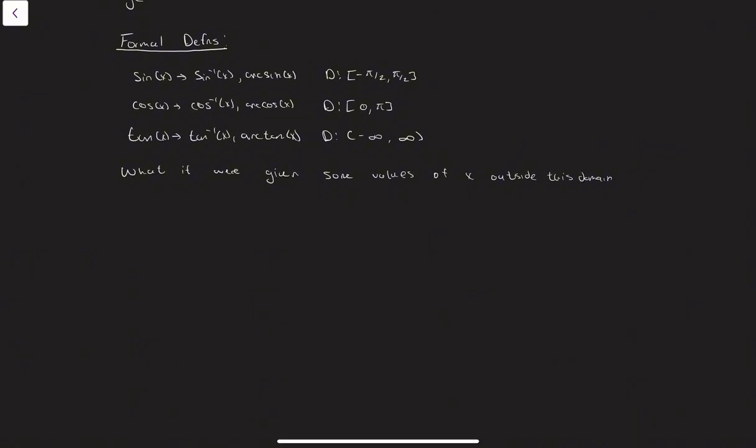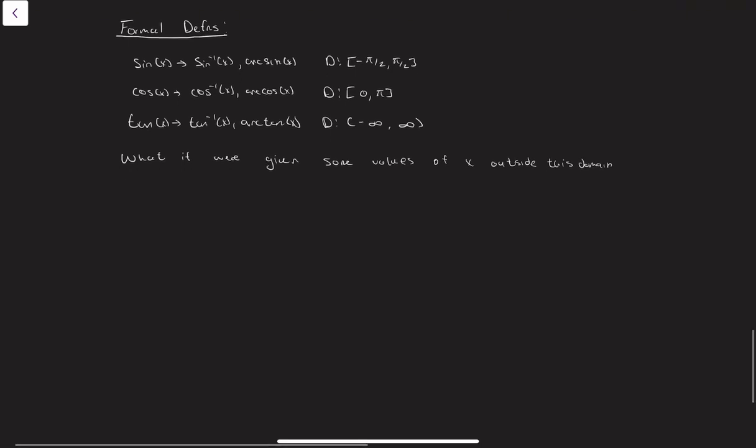Well, it turns out a really good property about angles is that they're coterminal. So we can find the corresponding angles within our domain. We're able to transfer these angles that were given to their equivalent value within the domain. So angles are coterminal, and you'll see what I mean through some examples.